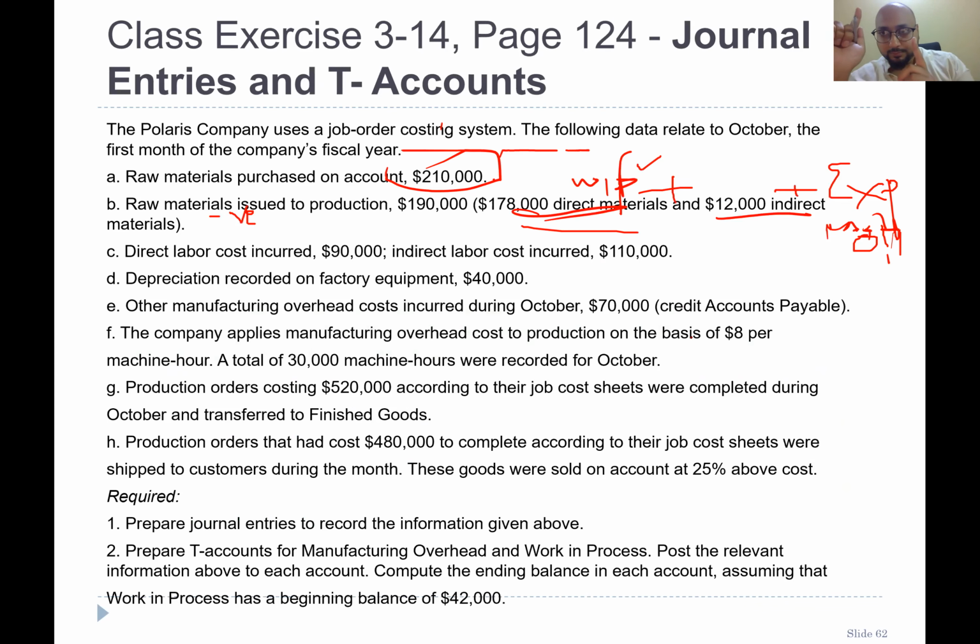Expense increase, debit, because work in progress inventory is our asset and is increasing, debit. So work in progress, and then expense increase in debit. So work in progress, expense, which is manufacturing overhead, and to the credit side would be raw material, right?